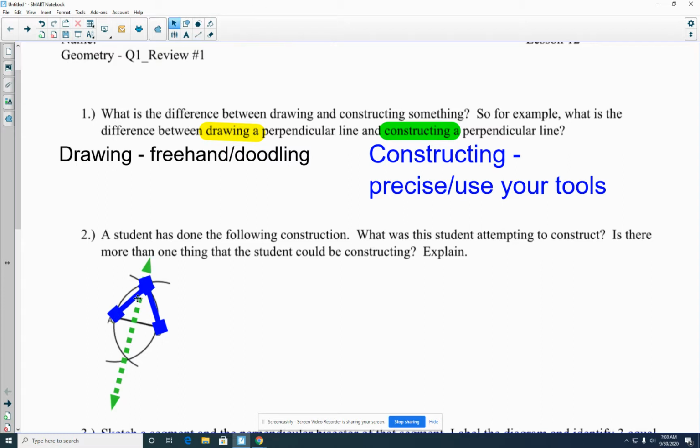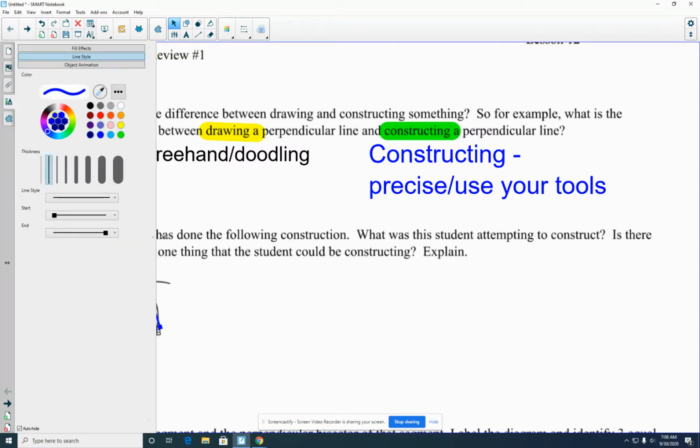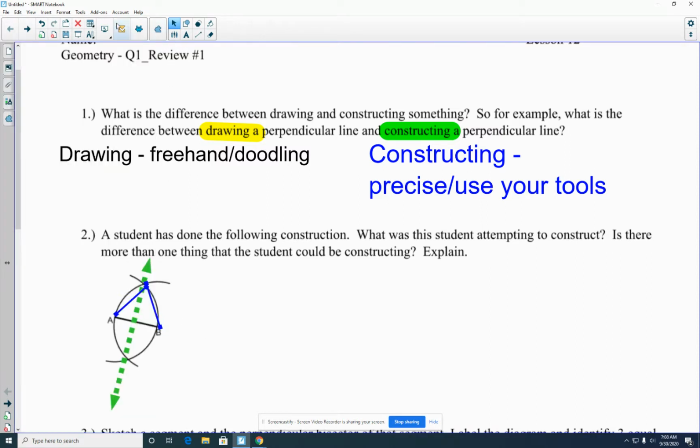If I take this blue and I go from here to here and here to here, something like that, the student could be constructing an equilateral triangle.